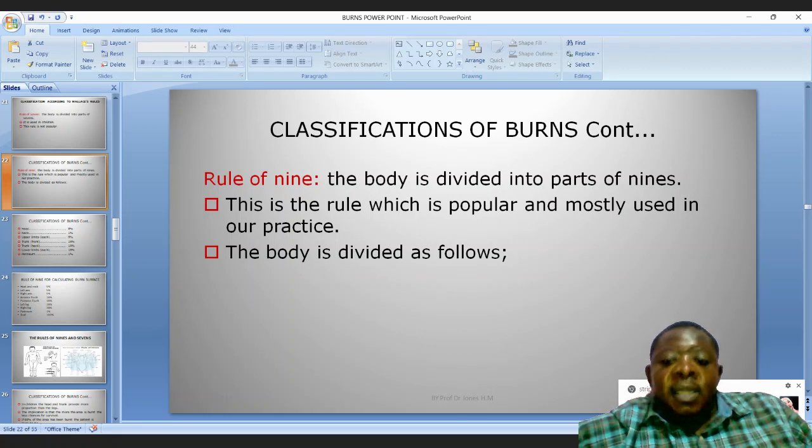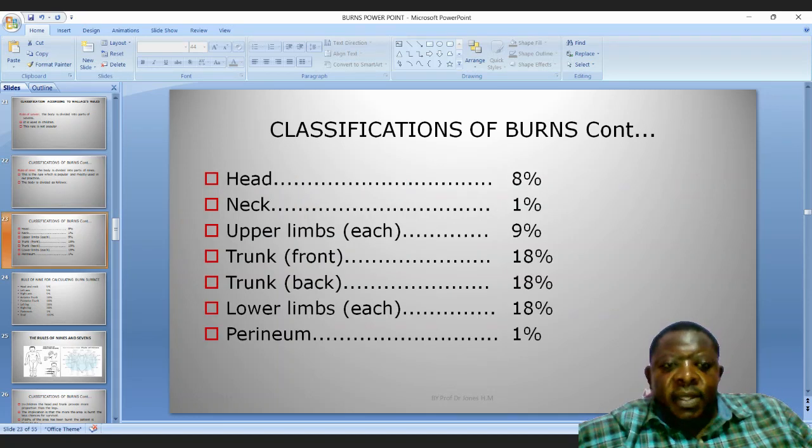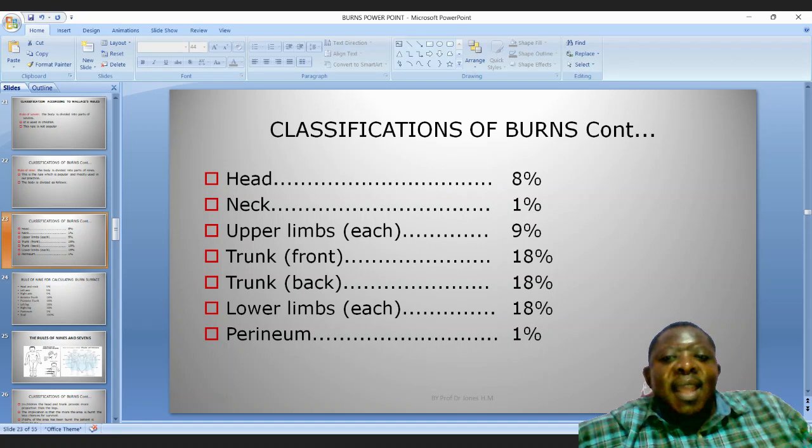The body then will be divided as follows. The head is 8%, the neck is 1%. So head and neck is 9%, the rule of 9. Then the upper limbs, each is 9%.